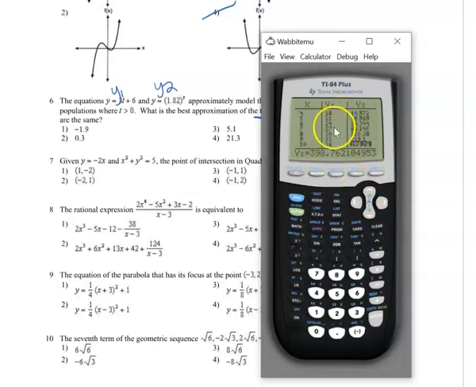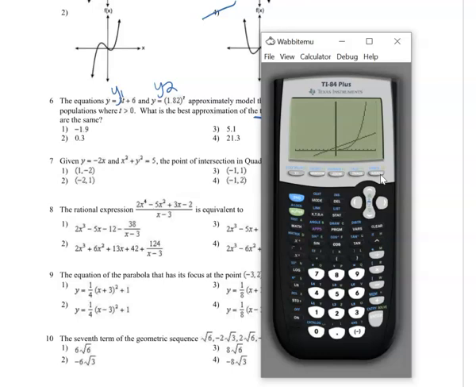I probably don't even have to go that high, but you can kind of get a gauge of how very quickly, well, exponentially growing from here. So I could go to, let me just put in like 100 just to show you guys what it would look like. Okay, there's my line. And there's my exponential function.